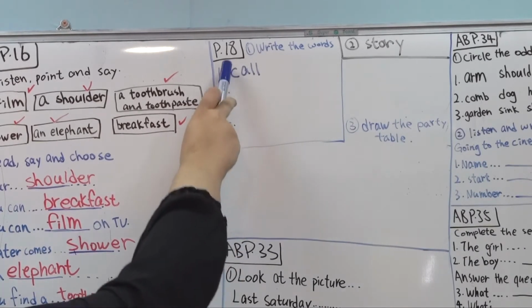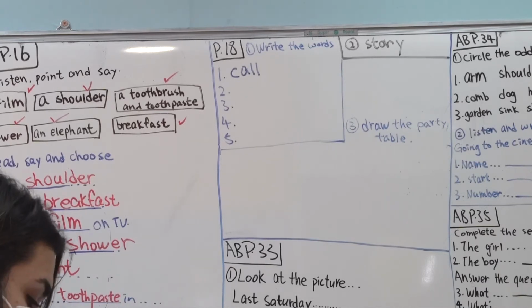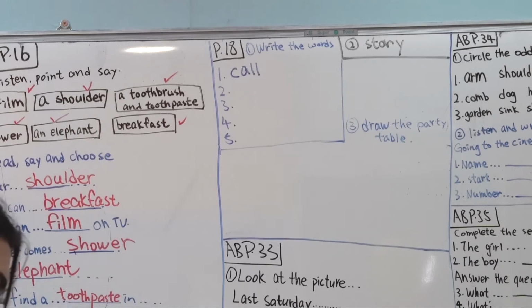All right, let's look at number 2. Look at your book, page 18, okay? Part 1, number 2. Buy what bottles of lemonade? How many bottles of lemonade should he buy?